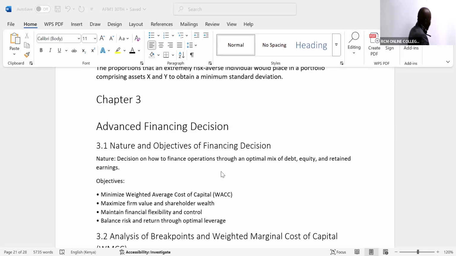The first item that this examiner wants us to look at is the nature and objectives of the financing decisions.